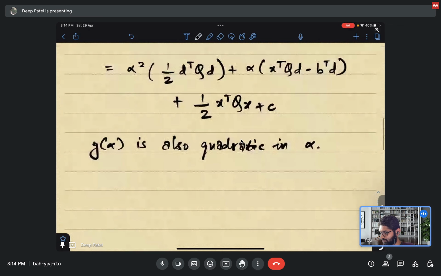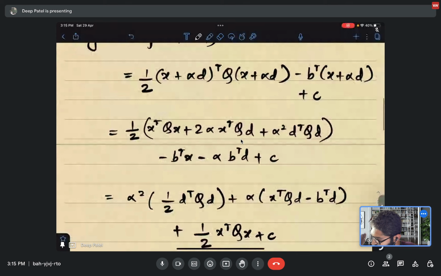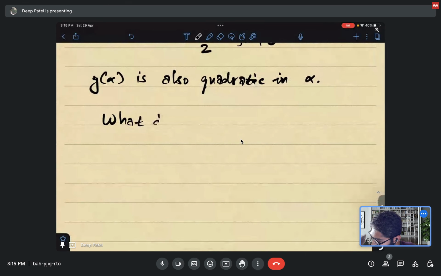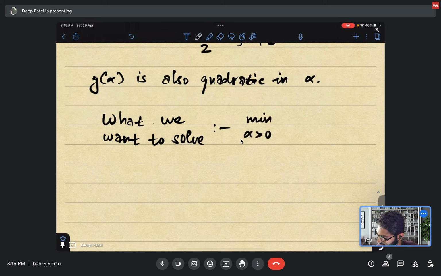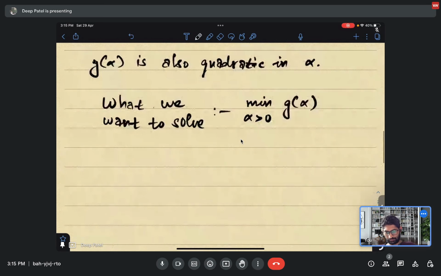Okay, so what do we want to solve? Right, this is what we are interested in solving. Okay, so what would we need?